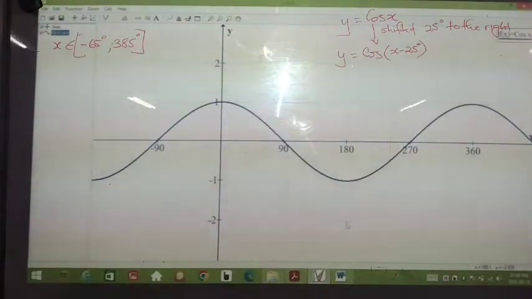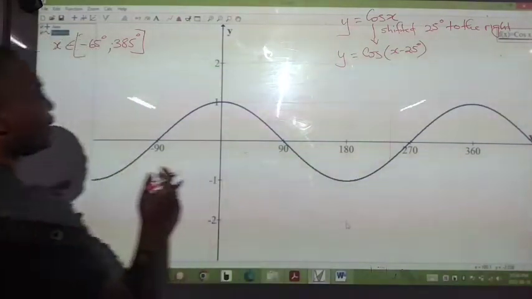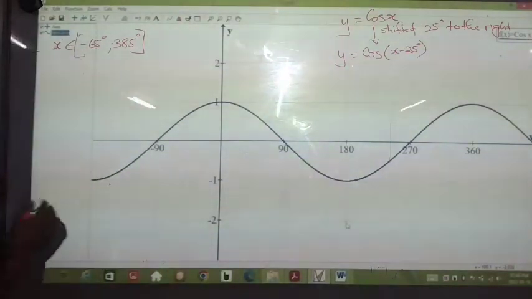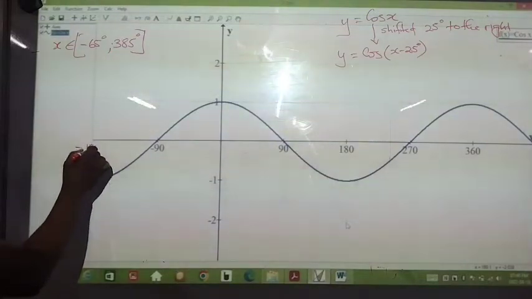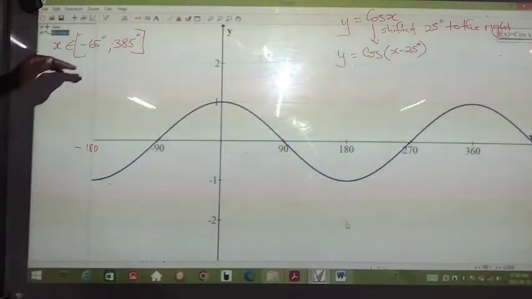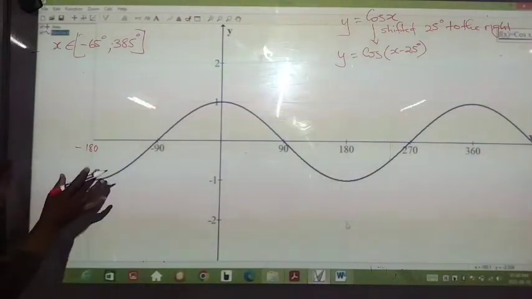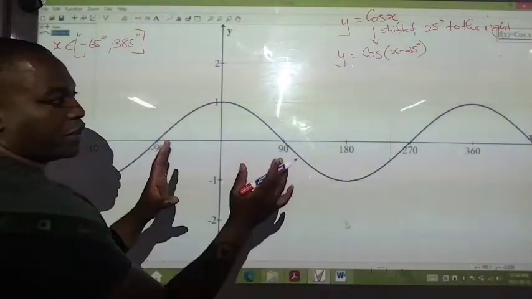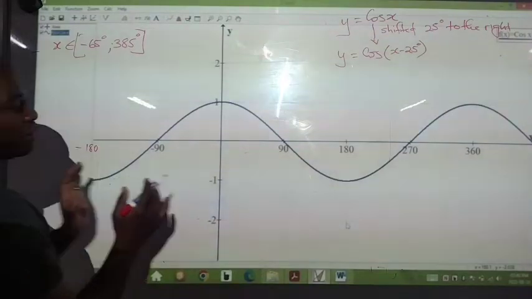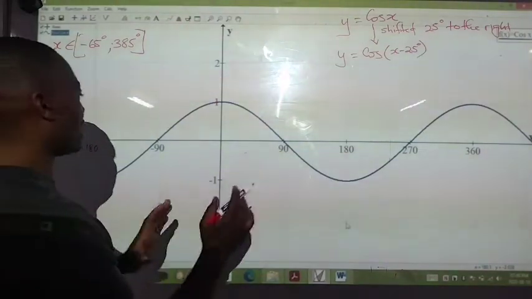Alright, so what we need to understand here is that the basic graph, which I have drawn here from negative 180, so that I can accommodate the 65. We know that this is the graph that has been shifted 25 degrees to the right.